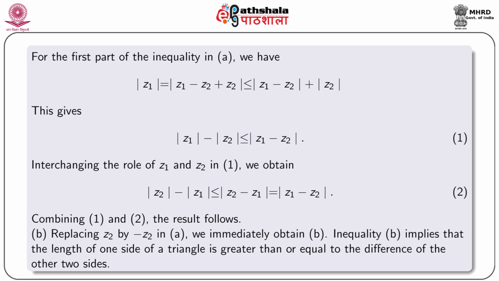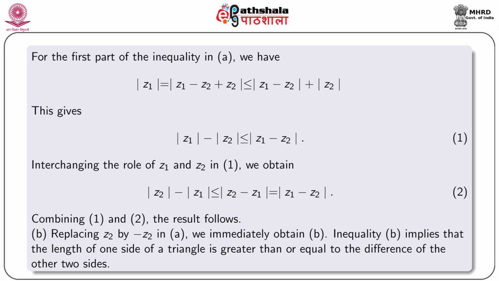For the first part of the inequality in 1, we have modulus z1 is equal to modulus (z1 minus z2 plus z2), and this is less or equal to modulus (z1 minus z2) plus modulus z2. So, this gives modulus z1 minus modulus z2 is less or equal to modulus (z1 minus z2), and this is number 1.